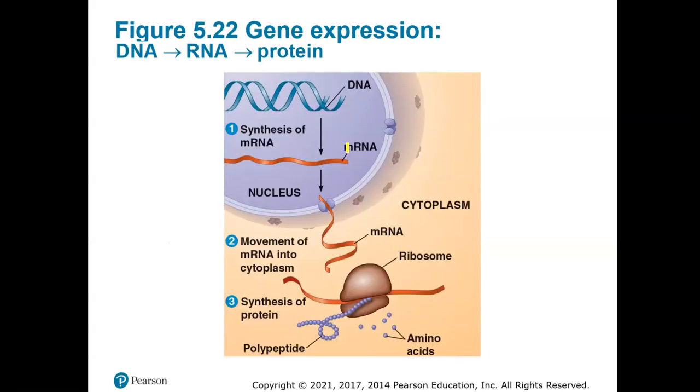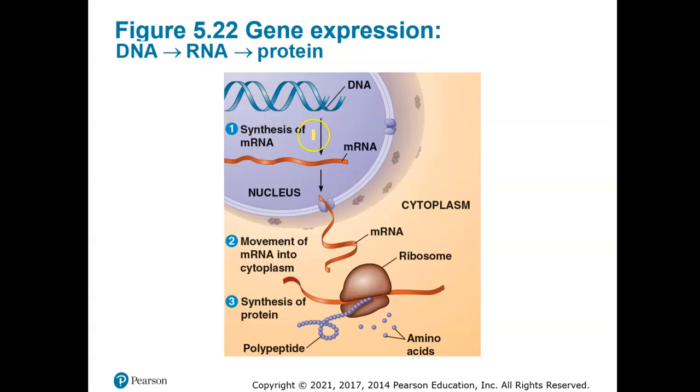So for nucleic acids, DNA and RNA are the polymers, and the monomers would be the nucleotides, the individual nucleotides. So this is an illustration of gene expression, and I like this little chart up here at the top. DNA codes for RNA, RNA codes for protein, okay?